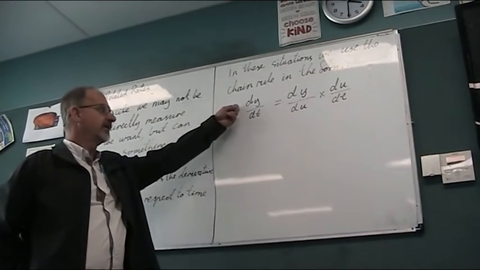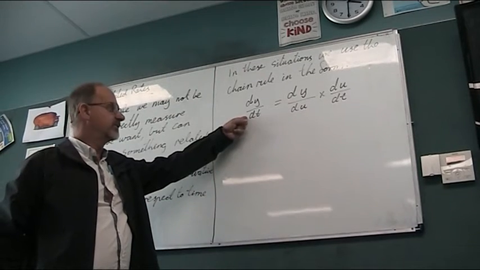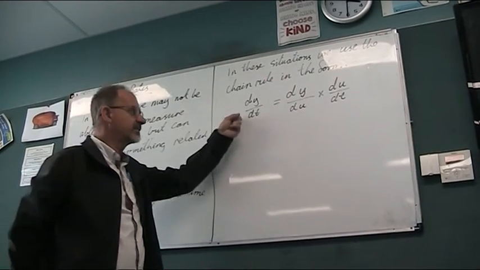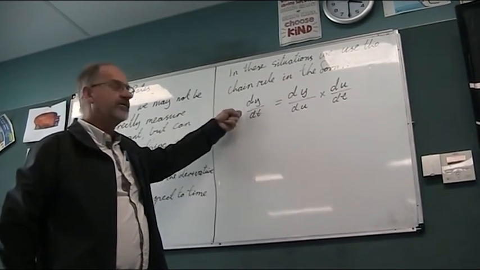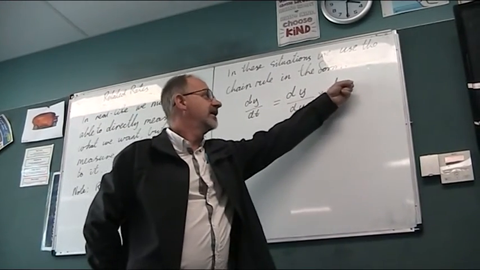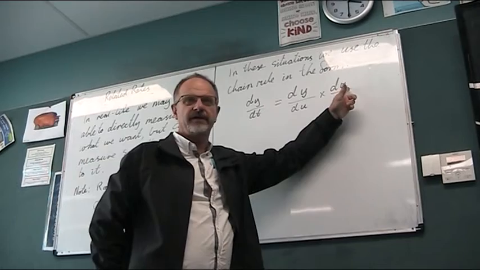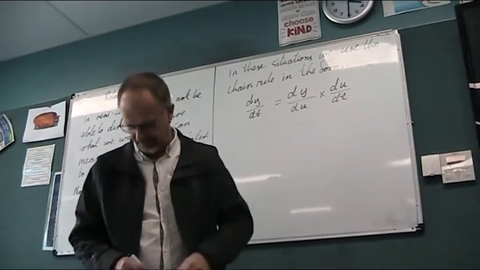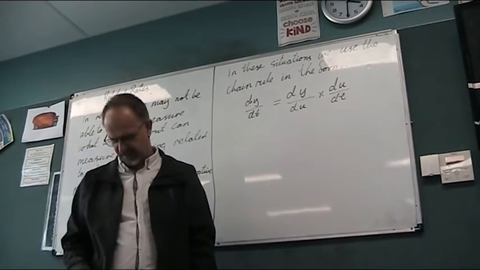And so we want to find out how y changes with time. Hard for us to directly measure that, but we can measure more easily another quantity, and so we use that one. So here's an example.